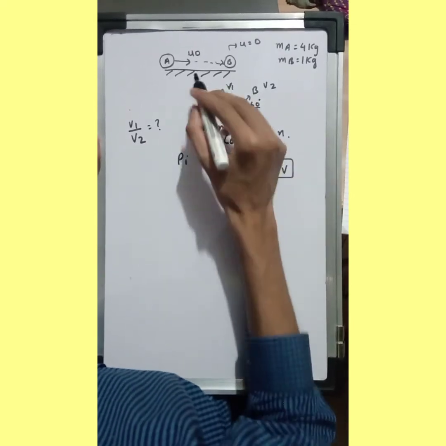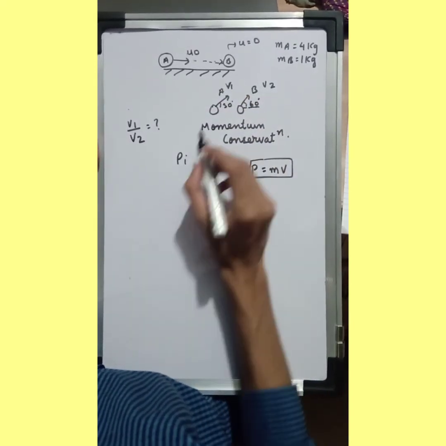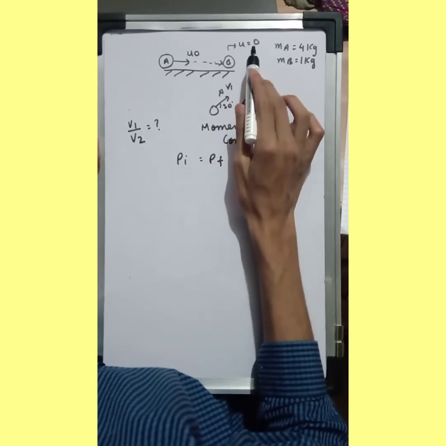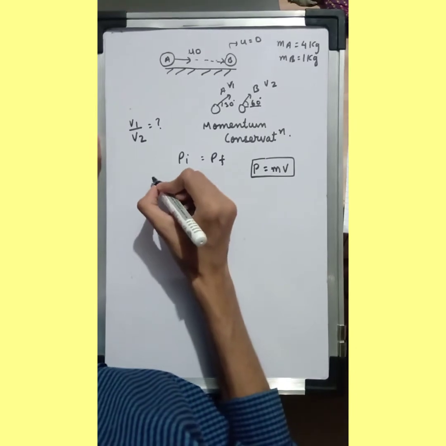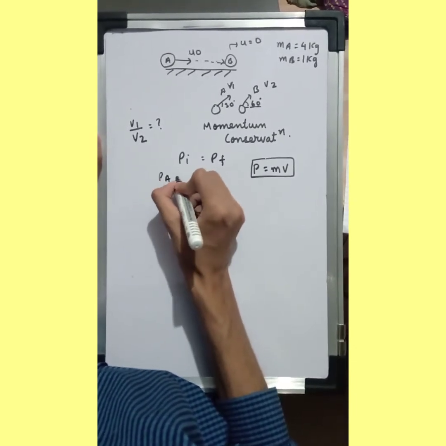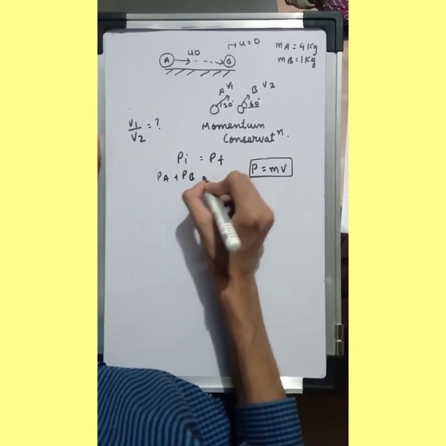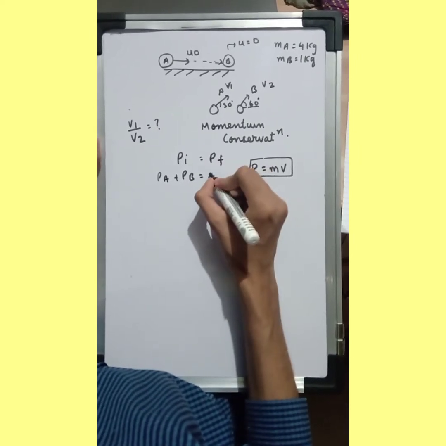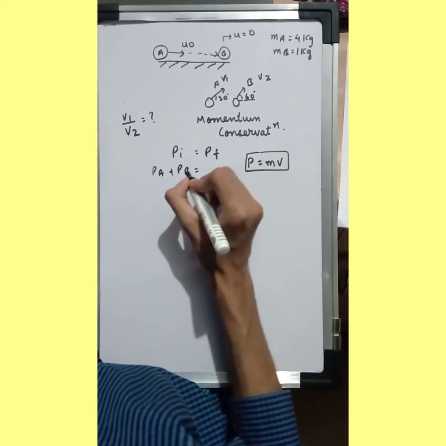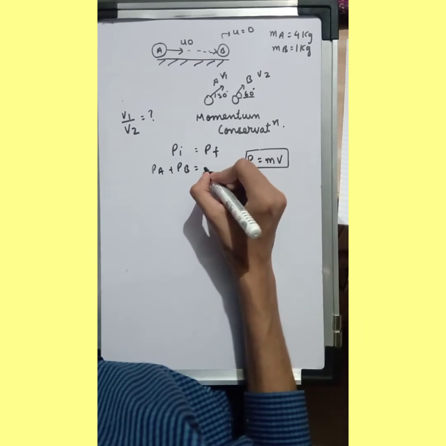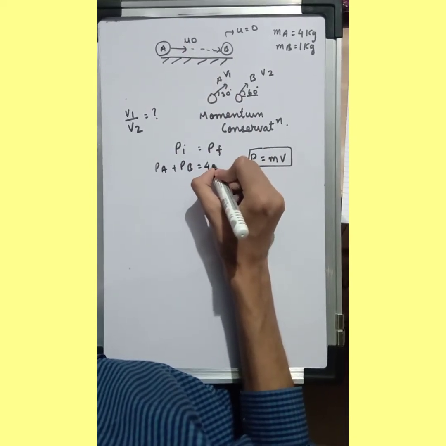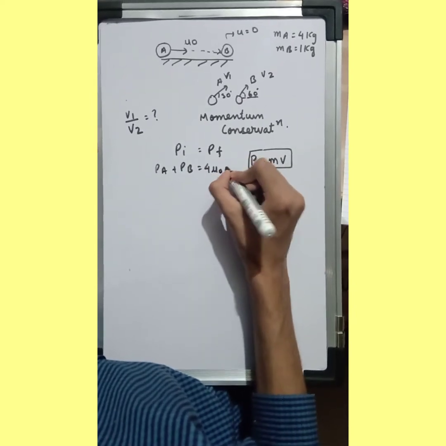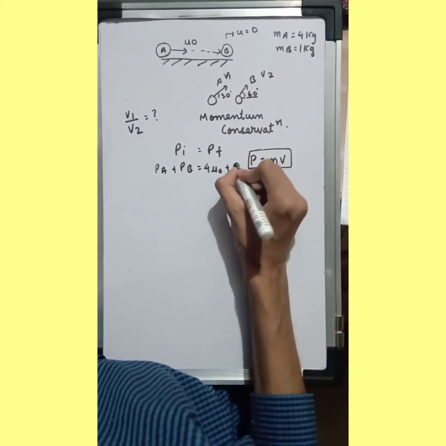So we have two objects in our system. Initially, ball B is at rest, so its momentum would be 0. So P of A plus P of B initially is equal to P of A plus P of B finally. Initially this will be mass of A into u naught, that means 4 into u naught, plus momentum of B, which is 0.